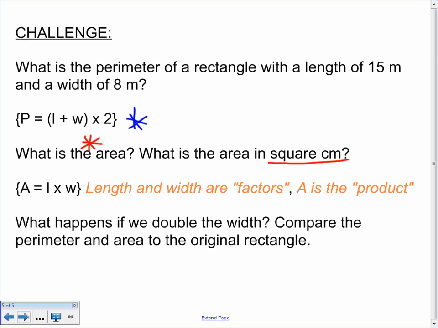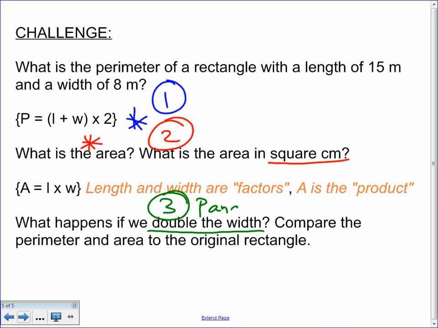Then, what happens if we double the width? So several steps here. 1, find the perimeter. 2, find the area. 3, find both the perimeter and area if you double the width, and then compare.